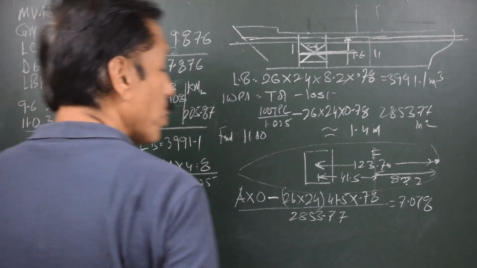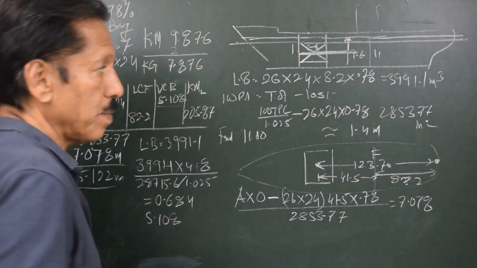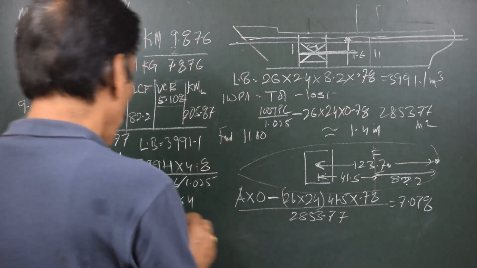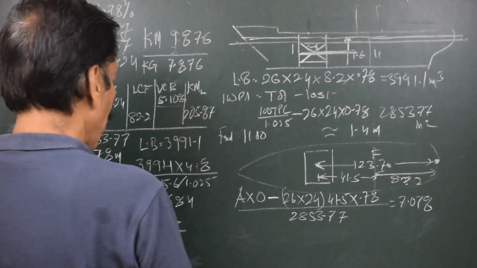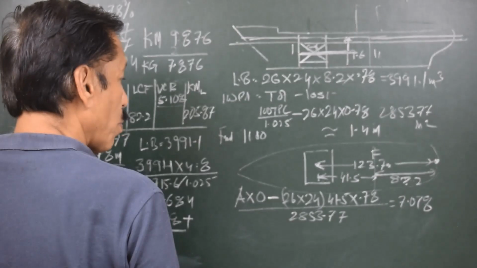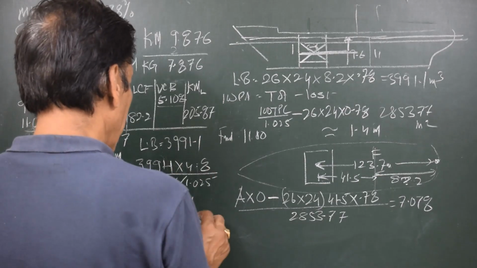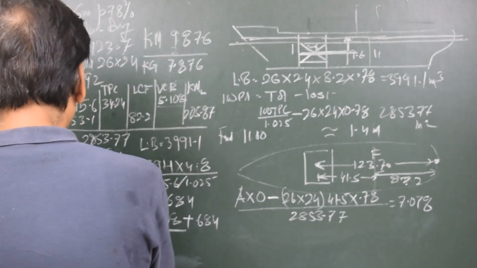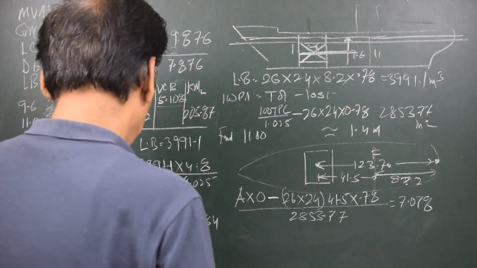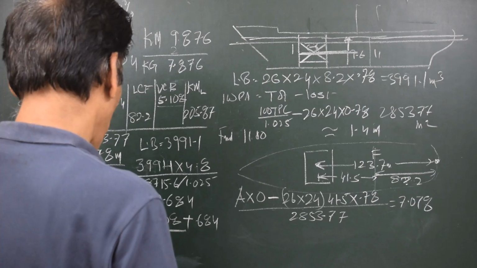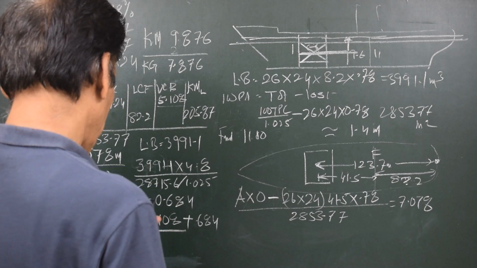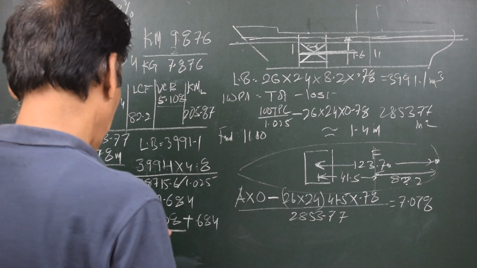and as we know the golden rule in any bilging situation, the center of buoyancy always moves upwards. So from the original KB 5.108, the center of buoyancy going upwards by 0.684, the new KB or KB1 will be 5.108 plus 0.684.